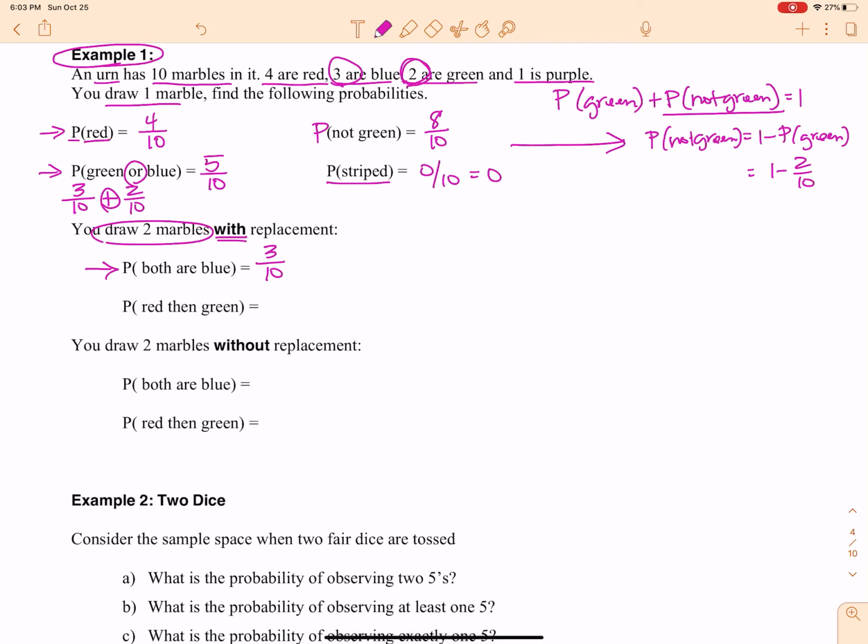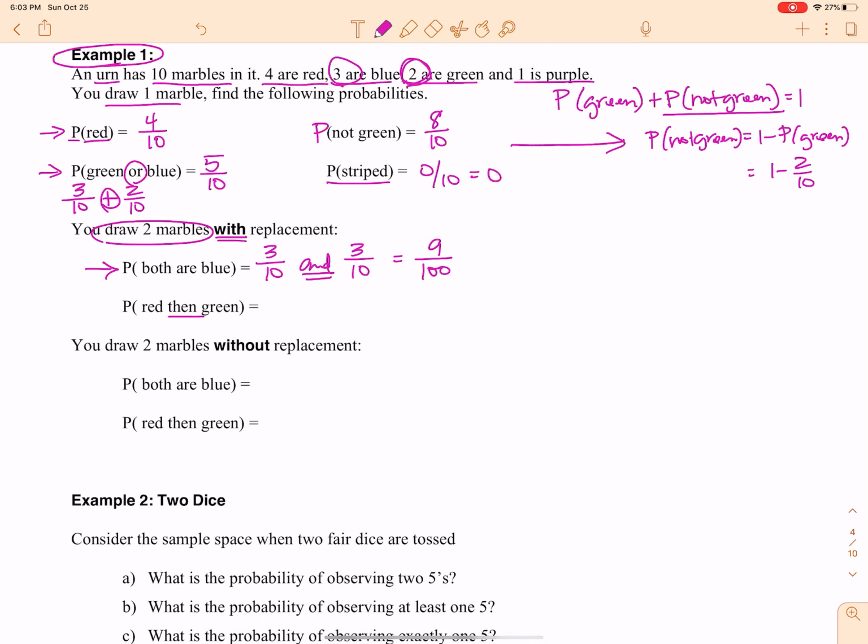Then I put it back, and the probability of the next one being blue is also 3 out of 10. The first one's blue, and the second one is blue. This is a multiplication situation, so 9 out of 100.